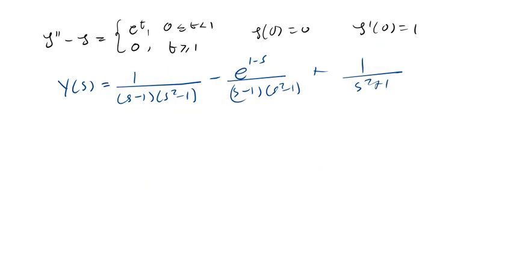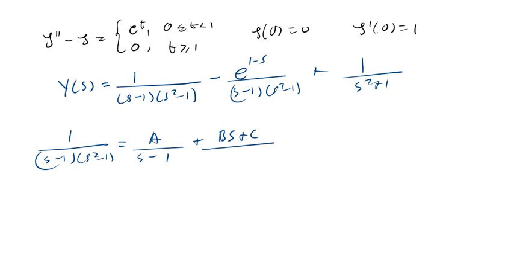So for this one, if you break it down, if you have 1 over (s minus 1)(s squared minus 1), that would be equal to, let's say, a over s minus 1, plus (bs plus c) divided by s squared minus 1.